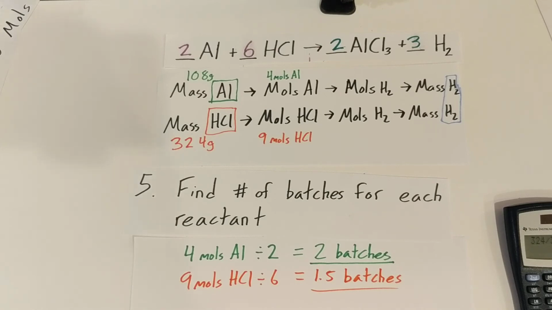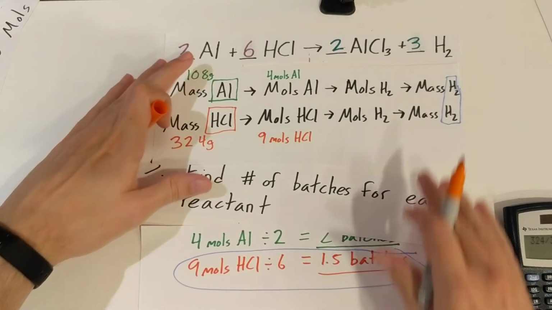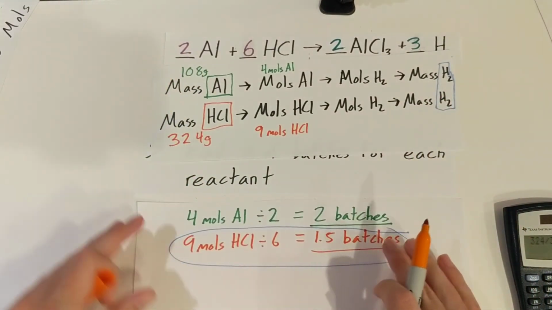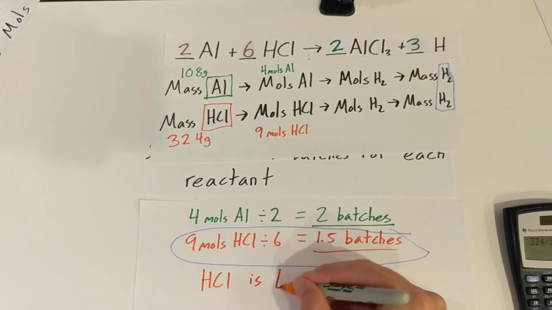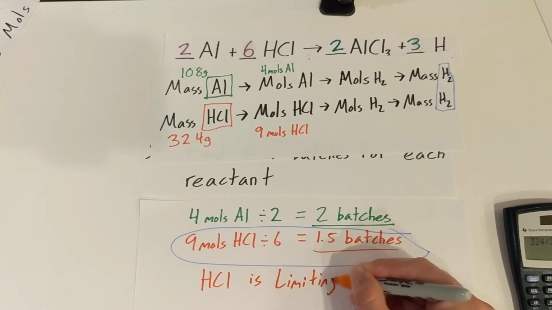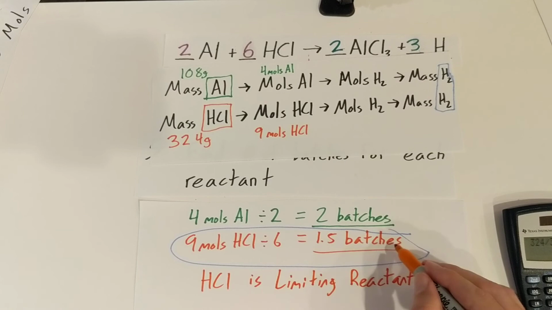And it's going to be the one that makes the least amount of batches here. So it's going to be HCl. So because I know that, and because I just found out that HCl is my limiting, I'll write that down right here. HCl is limiting reactant because it makes less batches.